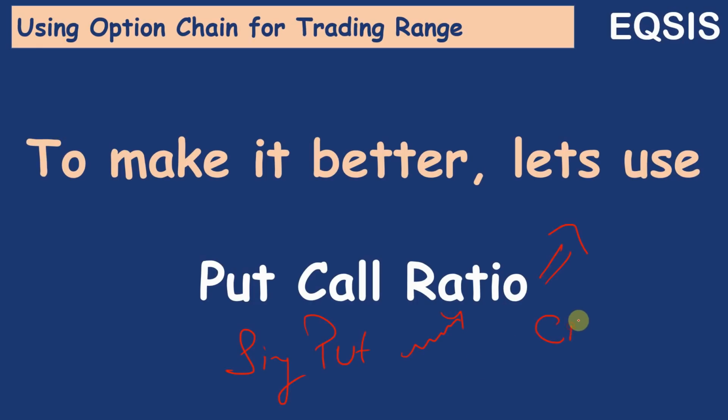And if you have significant call options with the writers in place, we see the price go down. If significant puts are already in the open interest, the price tends to go up.